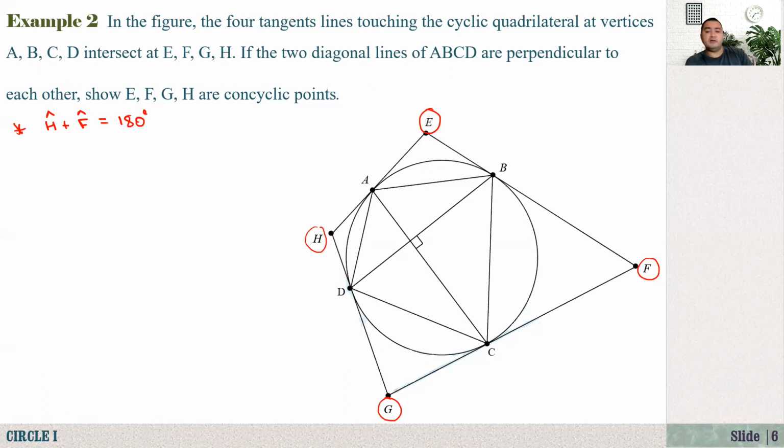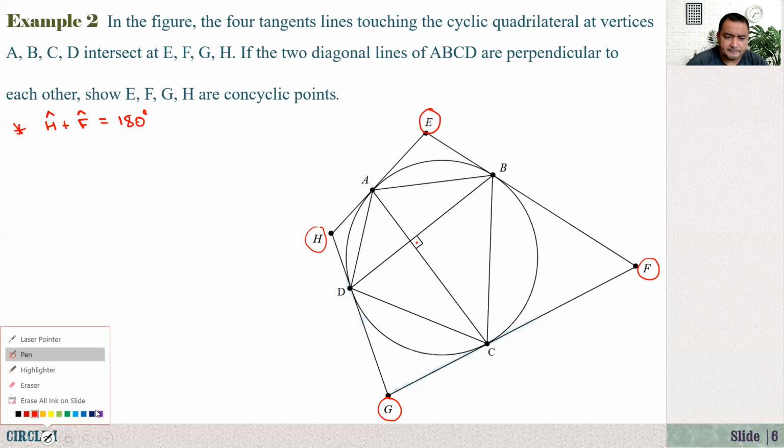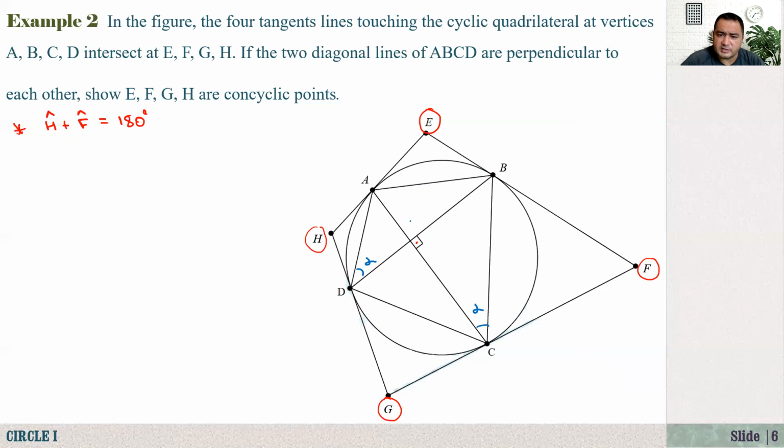Okay, so now since this angle is 90 degrees, suppose that this angle is alpha, which is subtended by this arc AB. And also this should be alpha because they are subtended by the arc AB.